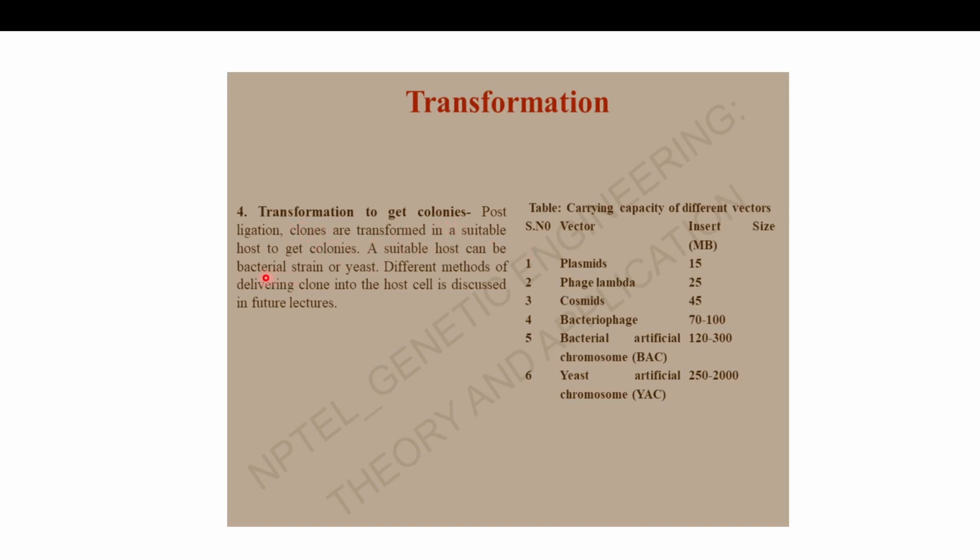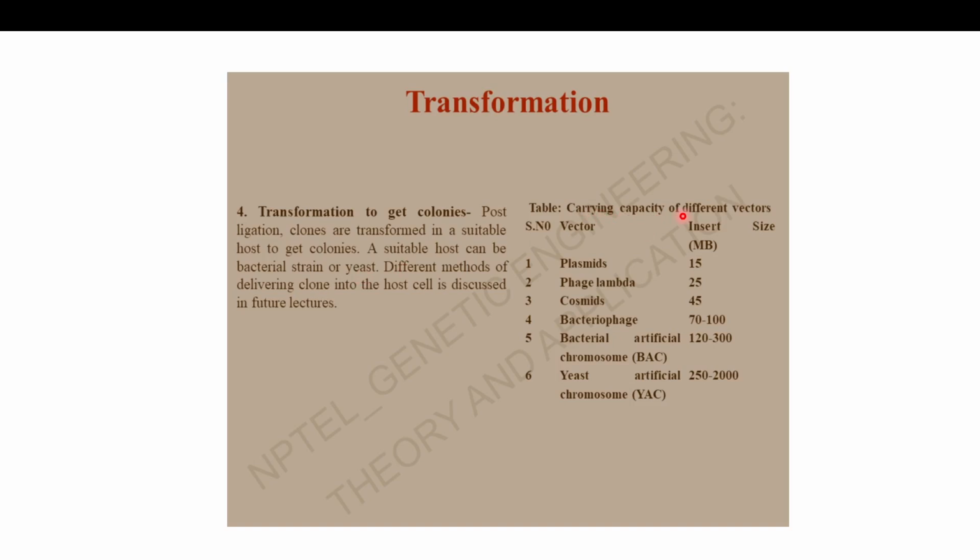Clones are transformed in a suitable host to get colonies. A suitable host can be a bacterial strain or yeast. It can be mammals also. Usually we use the term transfection in those cases. Different methods are used to deliver the clones, which will be covered in future tutorial videos, not today.